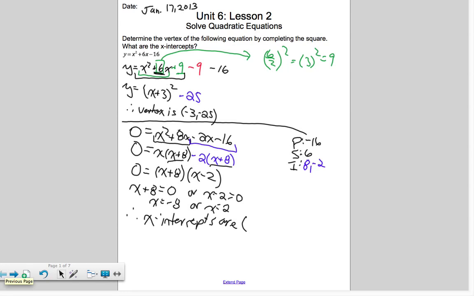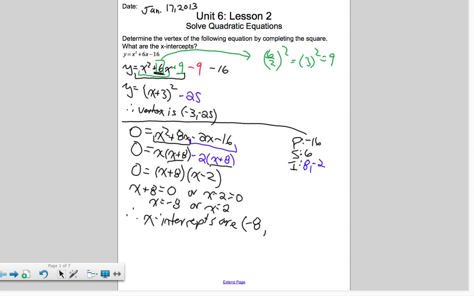So when x is negative 8, plug it back into the original equation, what do we get? Well, negative 8 squared is 64, plus 6 times negative 8, so I'm subtracting 48. So 64 minus 48 is 16. Subtract 16, we get 0.